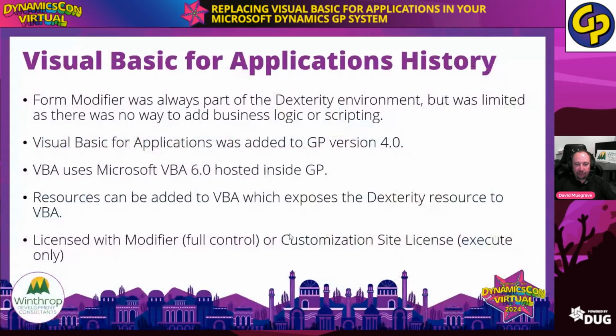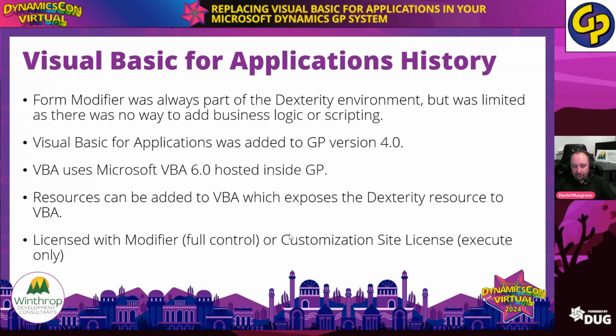Basically, the form modifier was built right from the beginning as part of the Dexterity environment. It's actually the same form creating tool that is used by Dexterity developers, but has some limitations so that you can't break things. But there is no way of adding any business logic scripting in the form modifier. So in version 4 of GP, they added VBA.